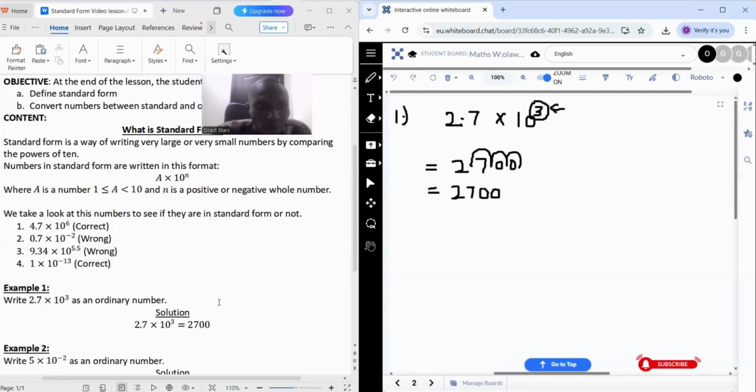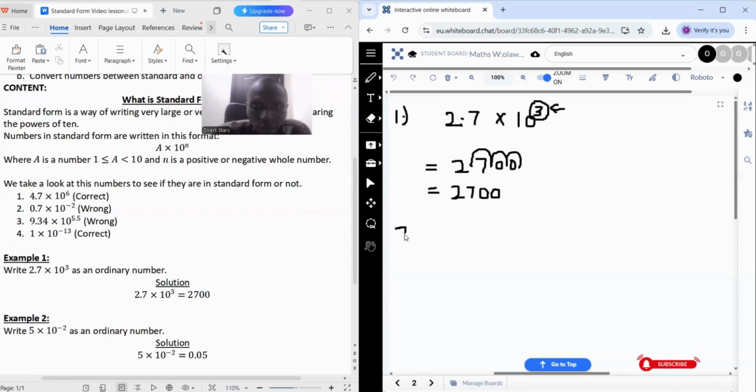And to the last example in this topic, we have 5 multiplied by 10 raised to the power minus 2. I have to write this, which is in standard form, as an ordinary number. Now, if we look at the value of n that we have here, it is minus 2.